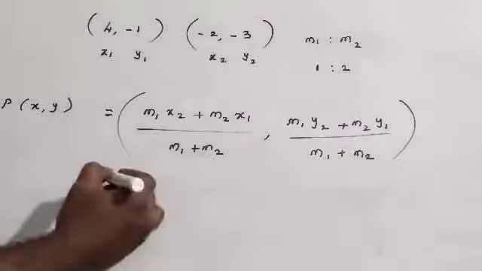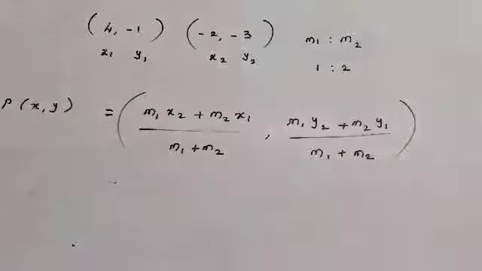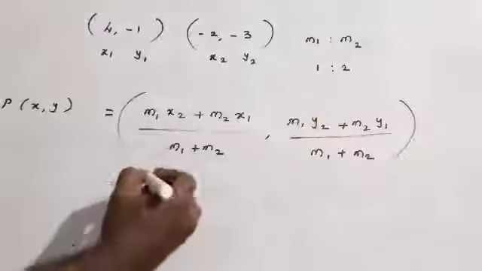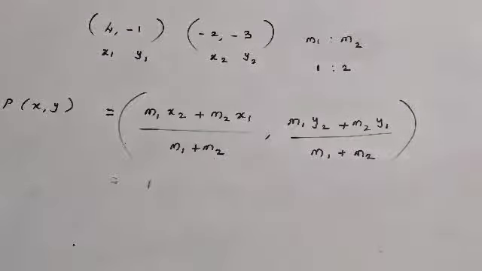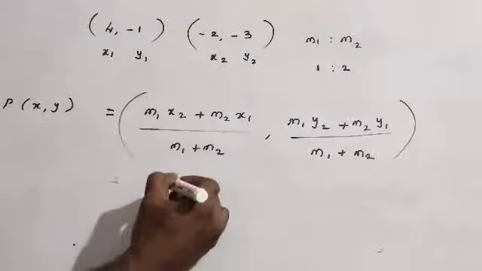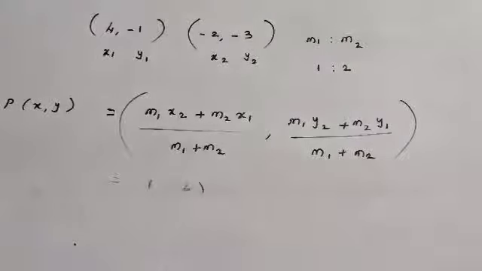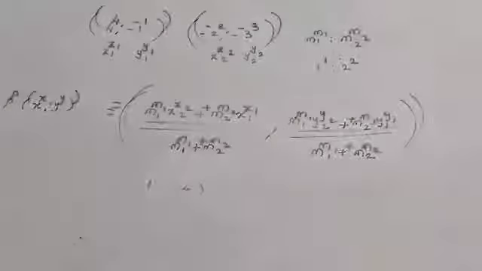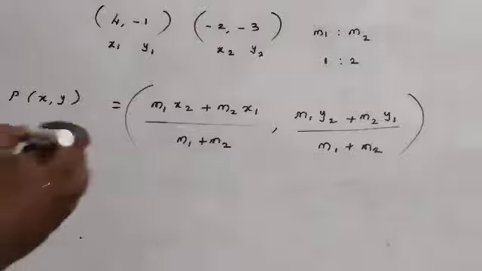Now just apply the values. For m1, write 1. Then for x2, write -2. Applying the above values in this formula, we can get the answer.